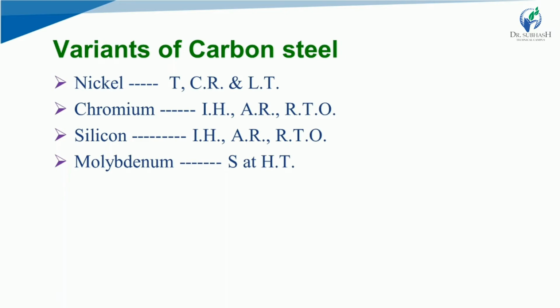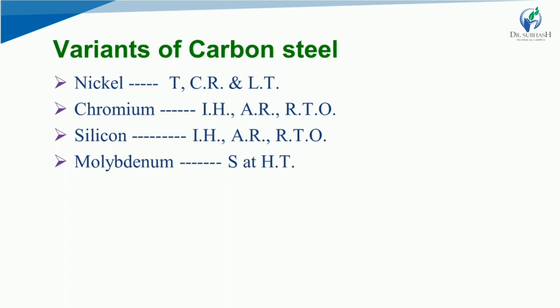When you mix different metals with the carbon steel, you can get some good properties. The short forms written here are indicating properties. Now you might wonder what these short forms are, but please have patience. I will be giving you the full forms one by one.